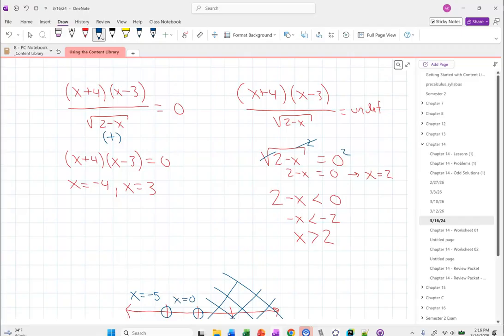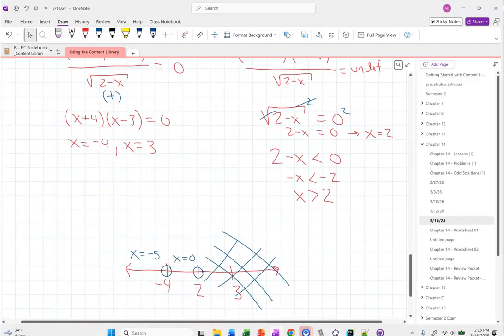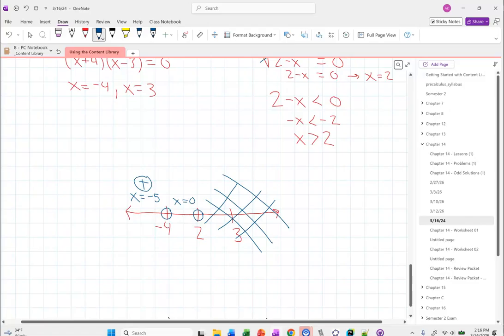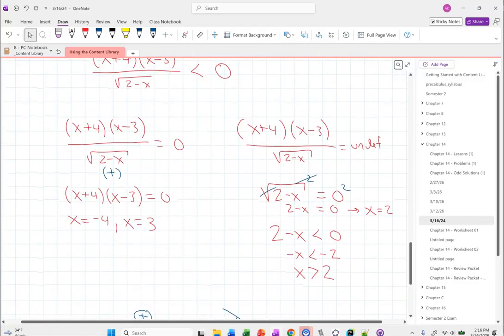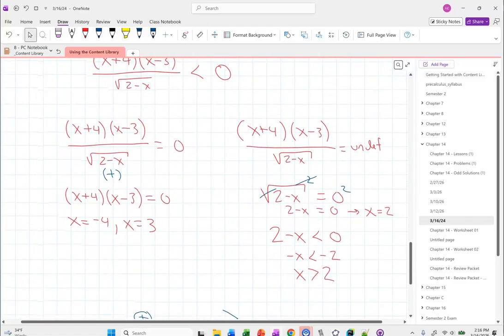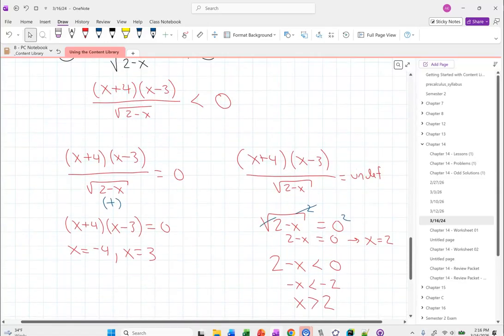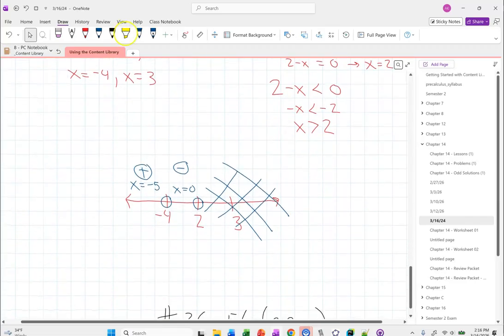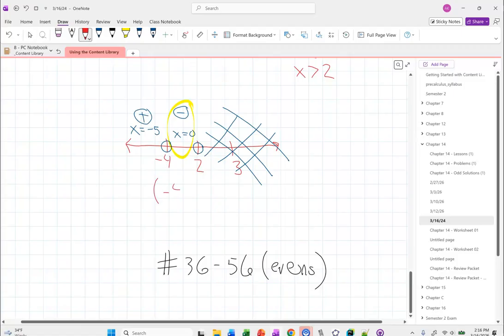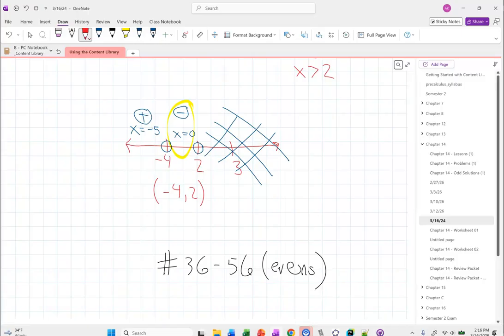Negative times negative is positive. If I plug the 0 in, it's always positive, so the whole thing is negative. What part do I need that's less than 0 then? Just the negative part here. So my interval I would write is that guy. You feel okay?